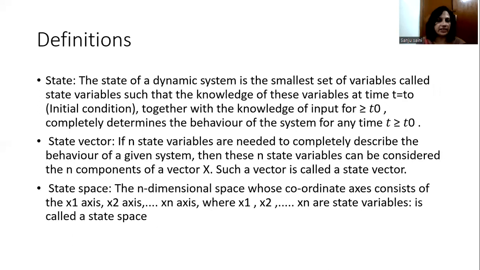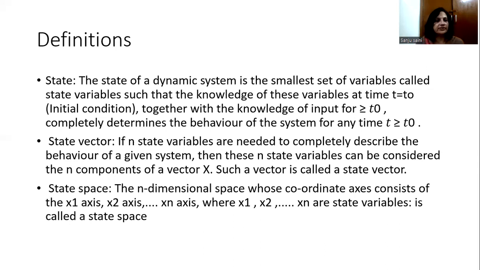When we talk about a dynamical system, a system that keeps on changing its state from time to time, the state of the dynamic system is the smallest set of variables such that the knowledge of these variables at any time t equal to t naught, along with the knowledge of the input for t greater than t naught, completely determines the behavior of the system for any time t greater than or equal to t naught. So this is termed as the state.